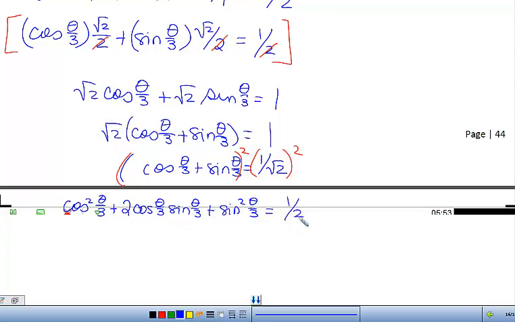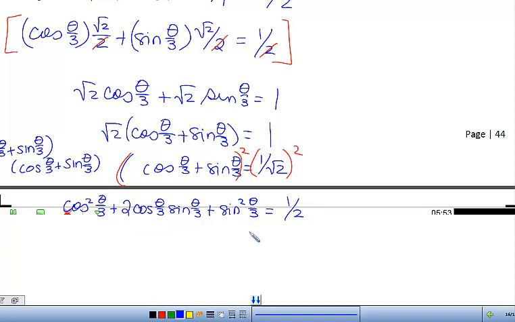Okay, 1 over root 2 squared would be 1/2. And again, we got that just by using FOIL. If you need to, do cosine theta over 3 plus sine theta over 3 times cosine theta over 3 plus sine theta over 3. Then this is what you should get.